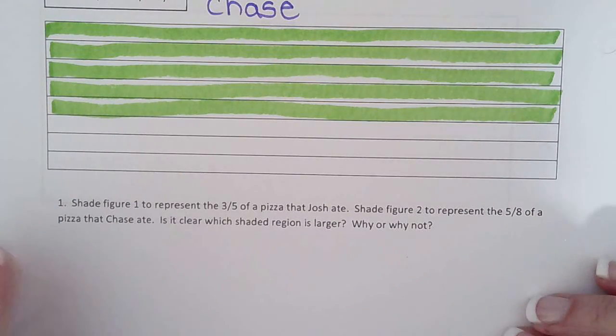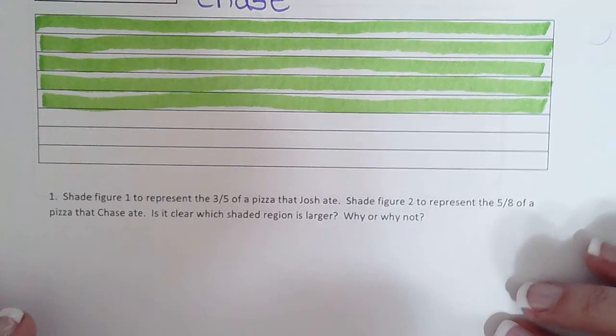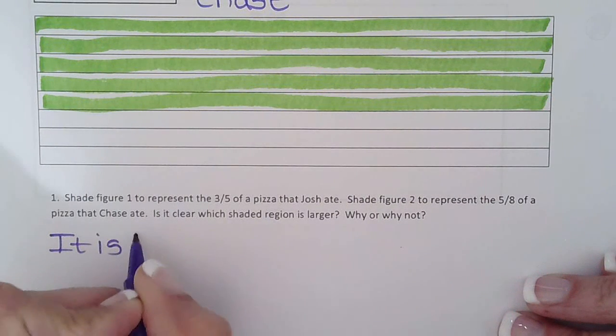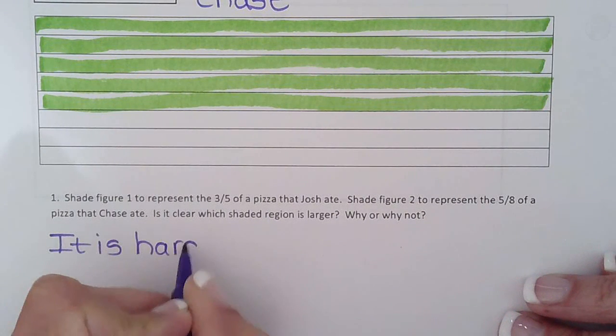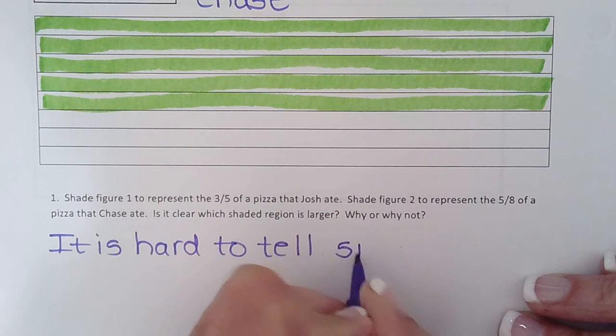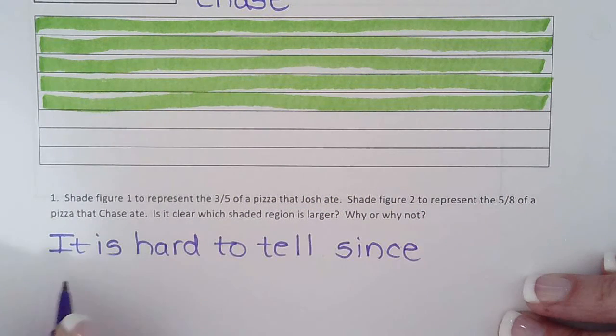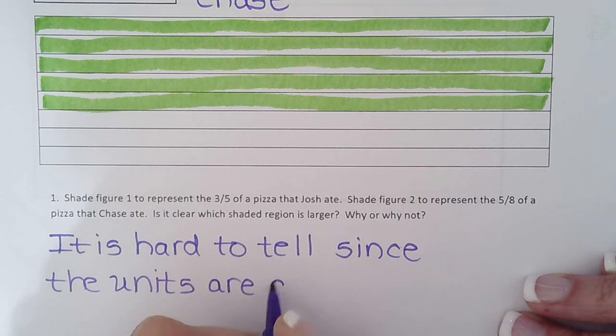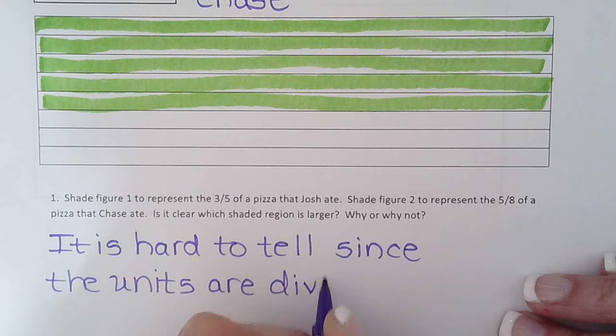So let's just say it is hard to tell since the units, and whenever we use the word units, that just means the whole, since the units are divided differently.